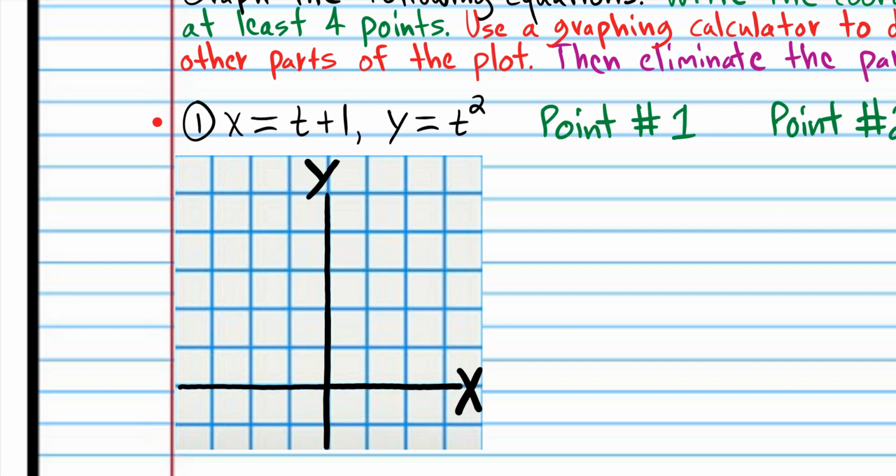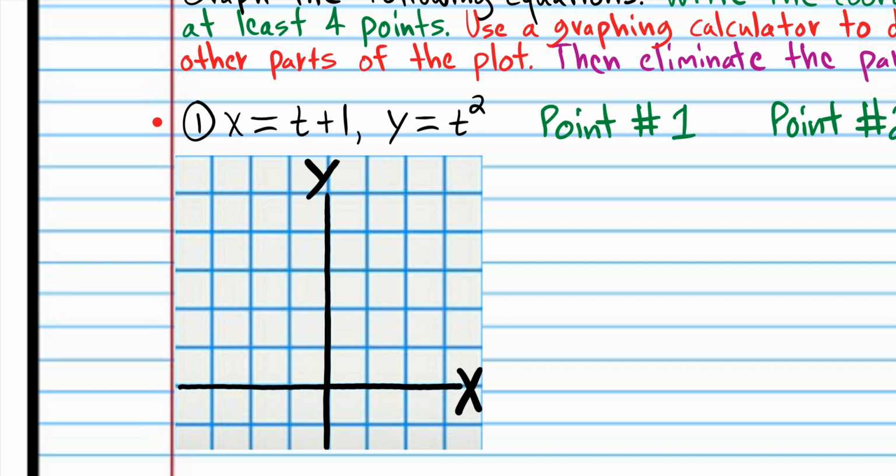It has abbreviations FUNC, PAR, and POL. In the previous class we were in polar mode where it says POL, but now we're going to change to PAR, parametric mode. So press enter on that. And make sure parametric is highlighted. And for angles, we should be in degree mode, so make sure degree is highlighted. Then press the blue second button and then the mode button again to quit out of that screen.